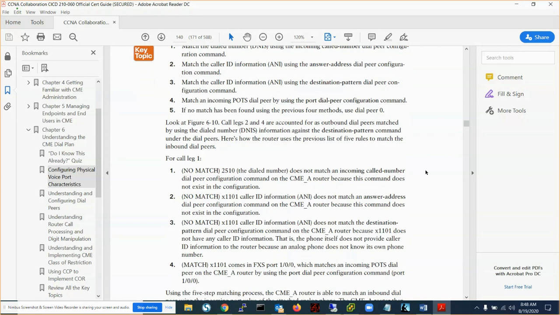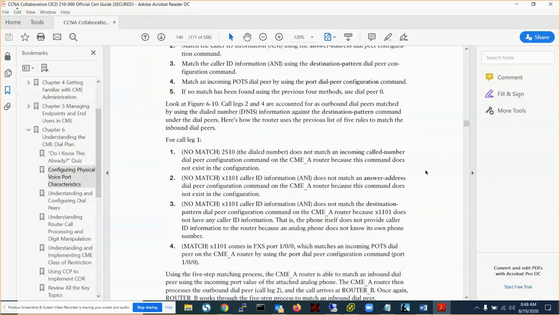Anyhow, I can't remember everything we covered. Look at figure 10, where call legs 2 and 4 are accounted for as outbound dial peers matched by using the DNIS.